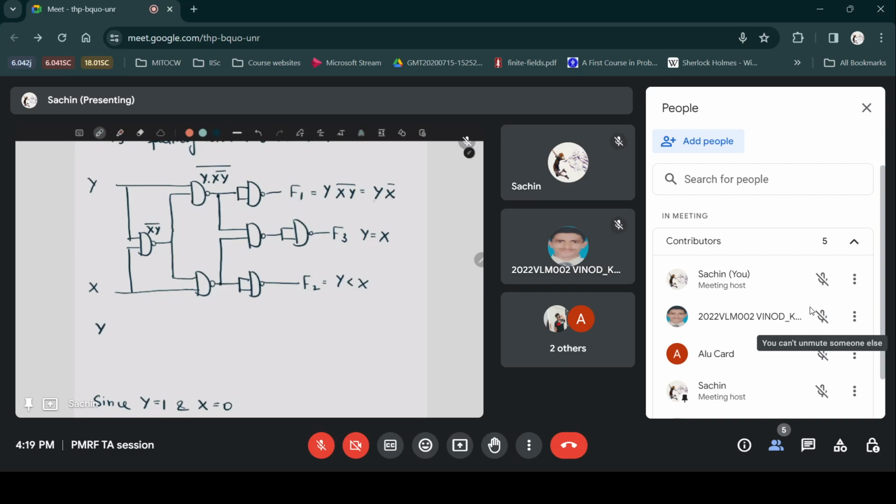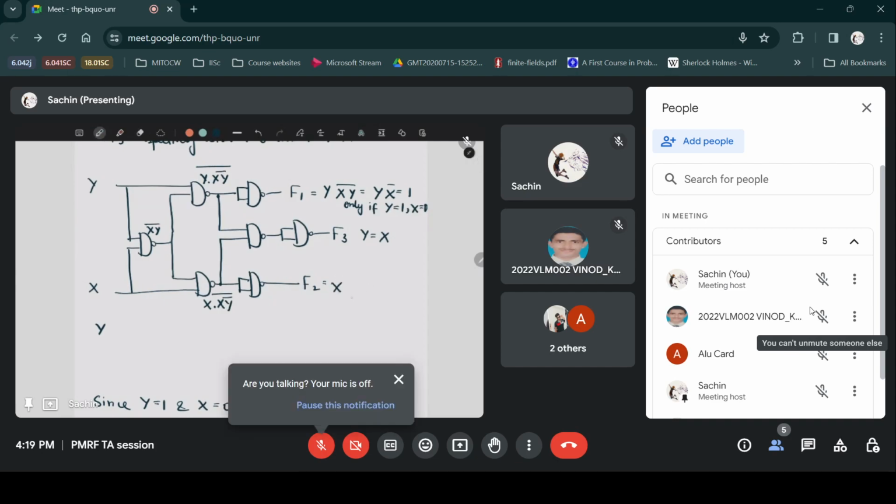You can see that this y x bar will be equal to 1 only if y is 1 and x is 0. So if y is 1 and x is 0, that means y is greater than x. So that is f1. Similarly, here you will get x times (x y complement) the whole complement. So f2 will be the function x times (x y complement).